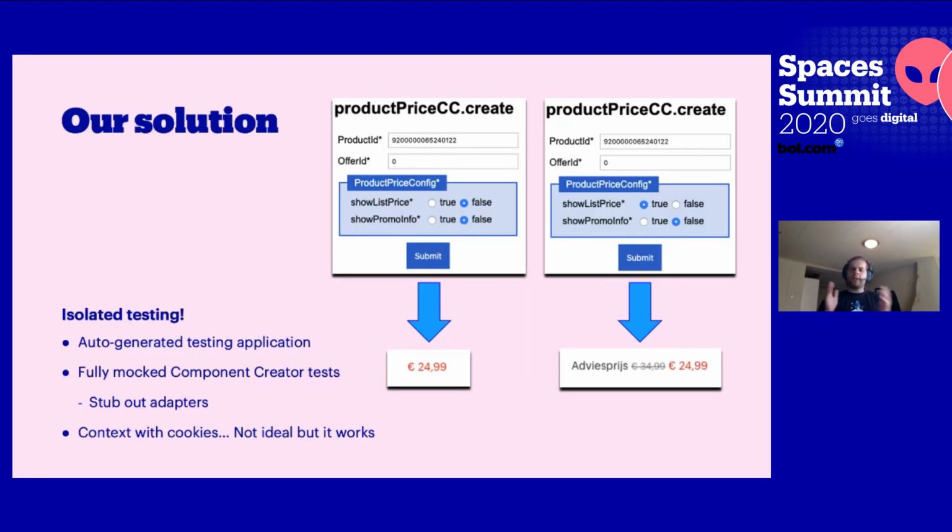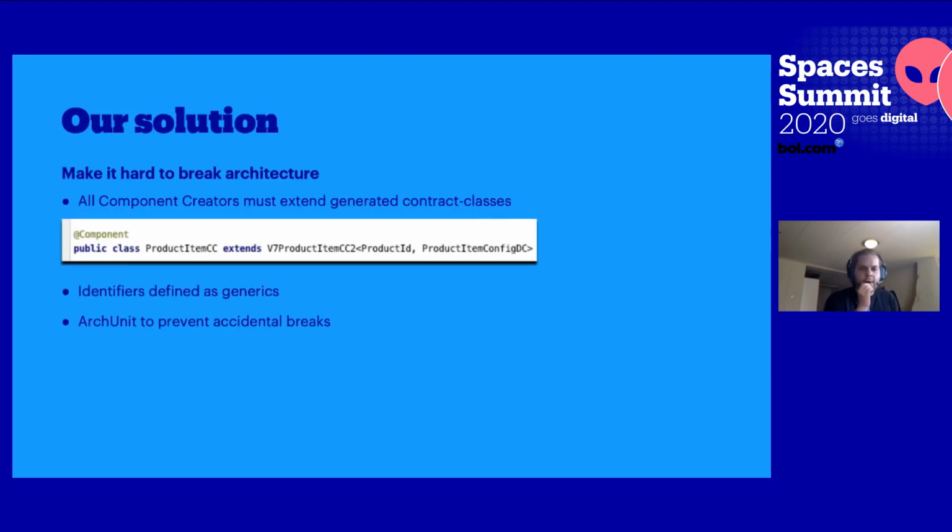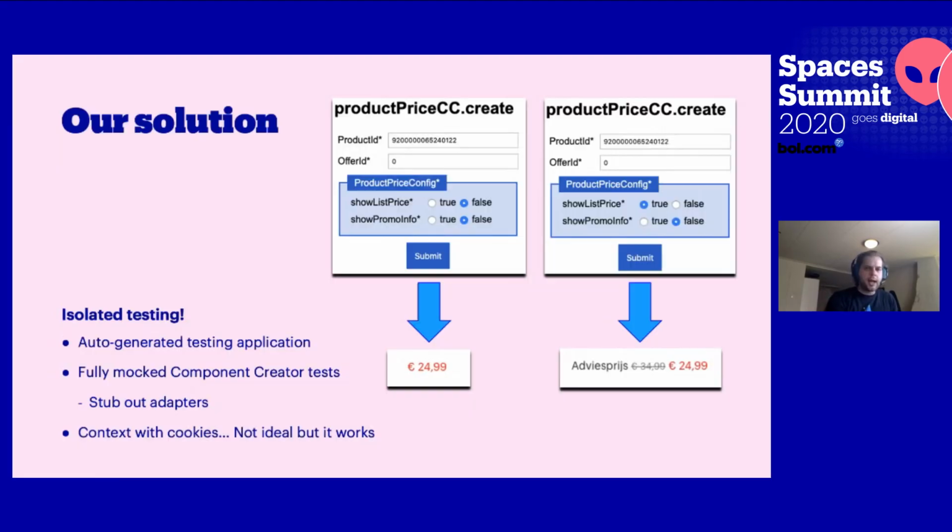What I didn't talk about yet is how we do our testing now, because we have isolated testing. So as I show here, we have some kind of contract where you have to extend an abstract class and you have to throw in a couple of identifiers. And this makes it really easy to create your own testing application.